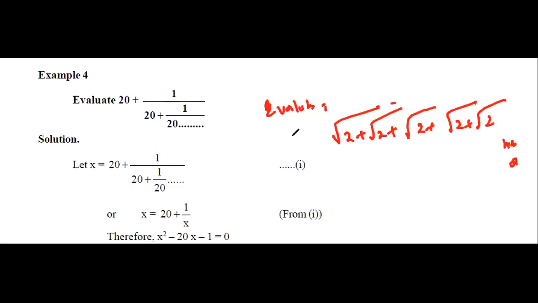So I hope all of you understood. Just put it as y is equal to this, और एक टर्म छोड़ बाकी सारा टर्म क्या हो जाएगा? y is equal to √(2 + y). ये उधर चला गया, so y² is equal to 2 plus y. Got it? Tell me, got it everyone? Yes? Clear हो गया concept? Yes or no? How many of you got this concept clear? Right? Okay, very good.